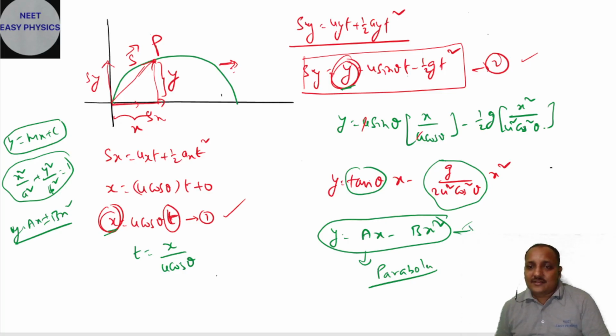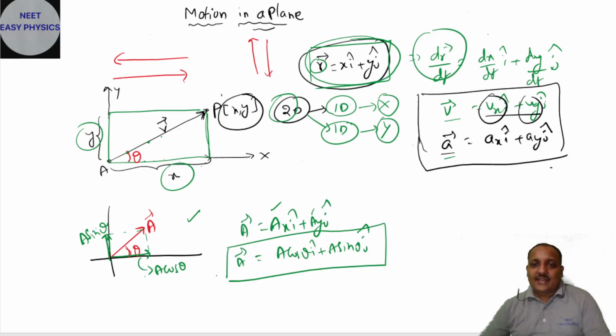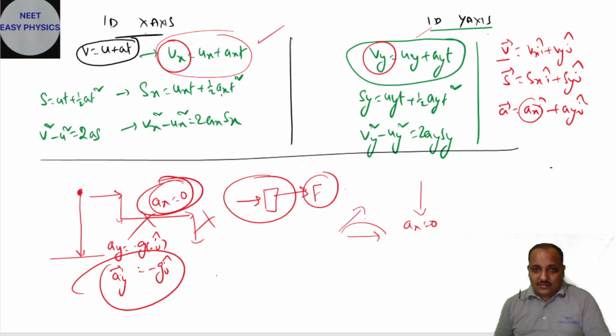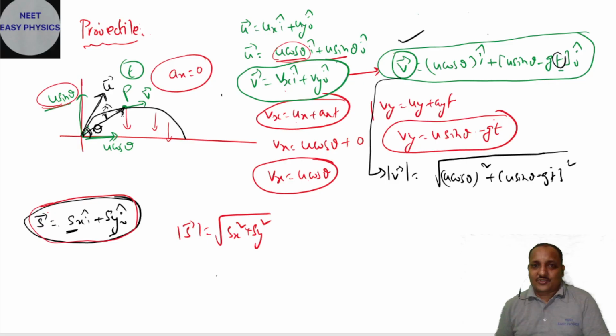In this, you have to remember equations 1, 2, 3 for solving the problems. Understood? So here we have divided the equations of motion in two directions, horizontal and vertical components. Here also it is one dimensional, along x-axis and along y-axis. We get the same equations of motion, but along the x-axis and y-axis. So velocity after t time, acceleration after t time.